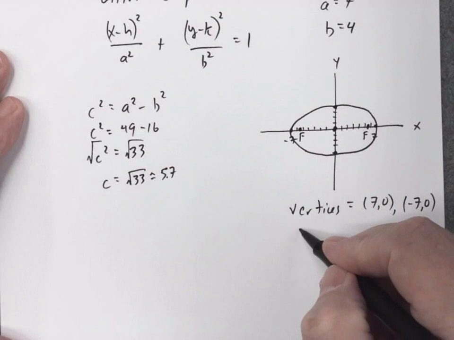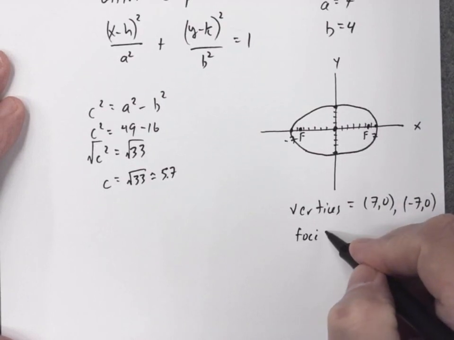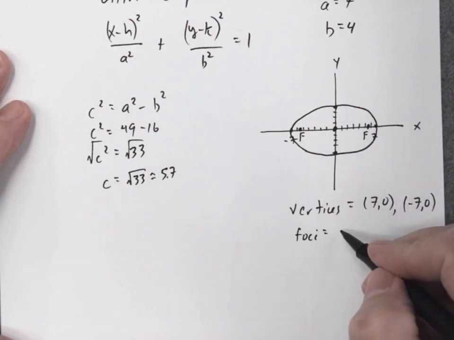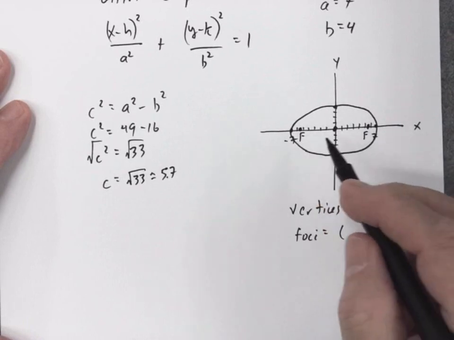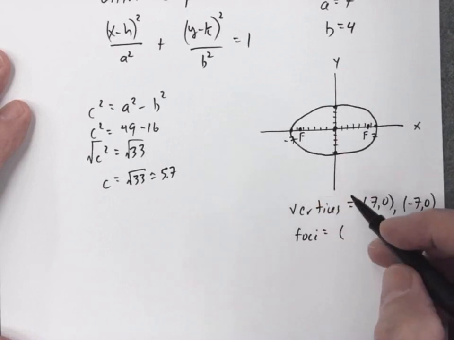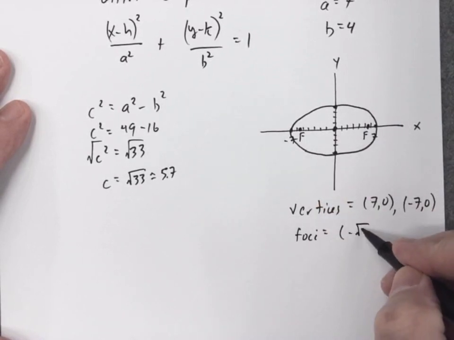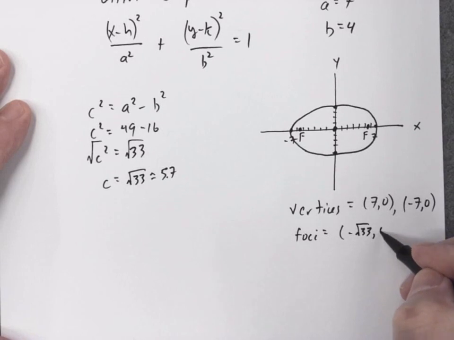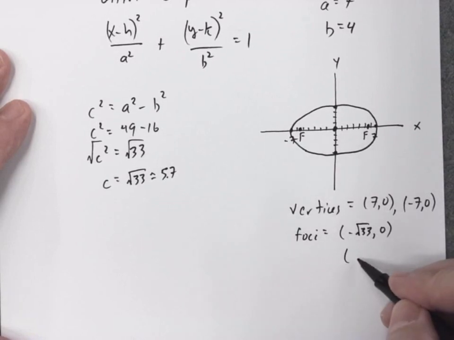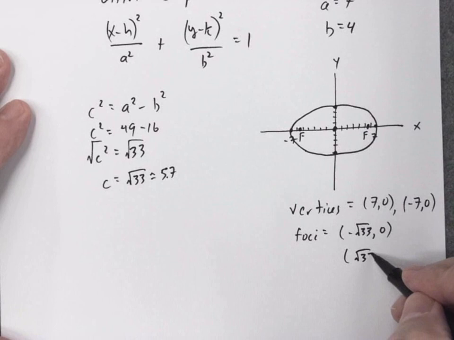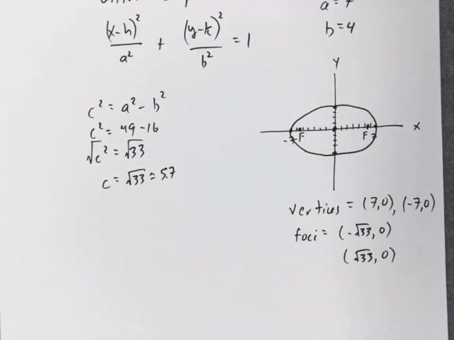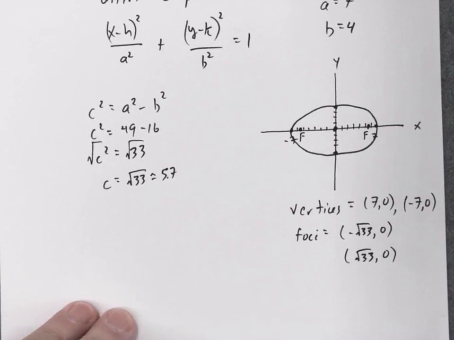So the actual foci as points would be negative square root of 33, 0, and then square root of 33, 0. All right.